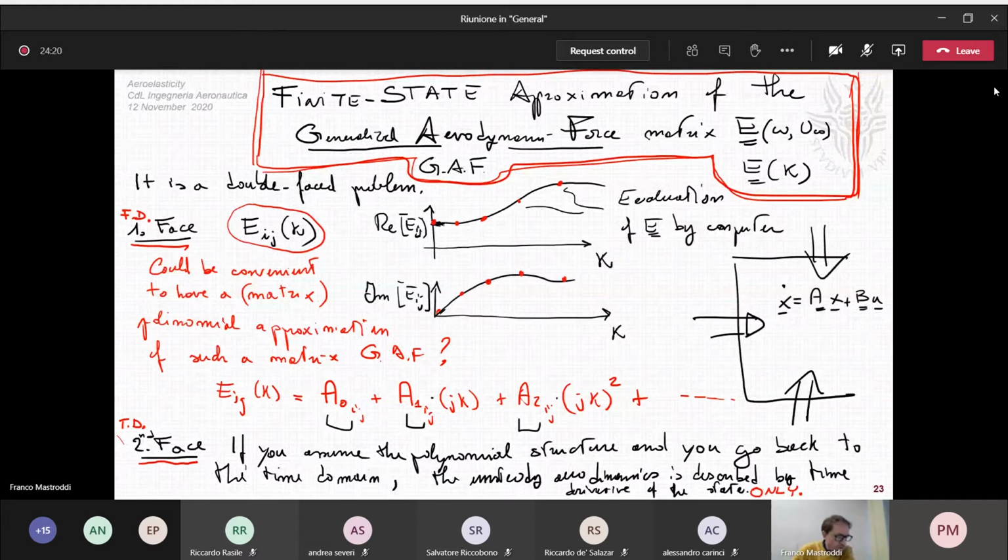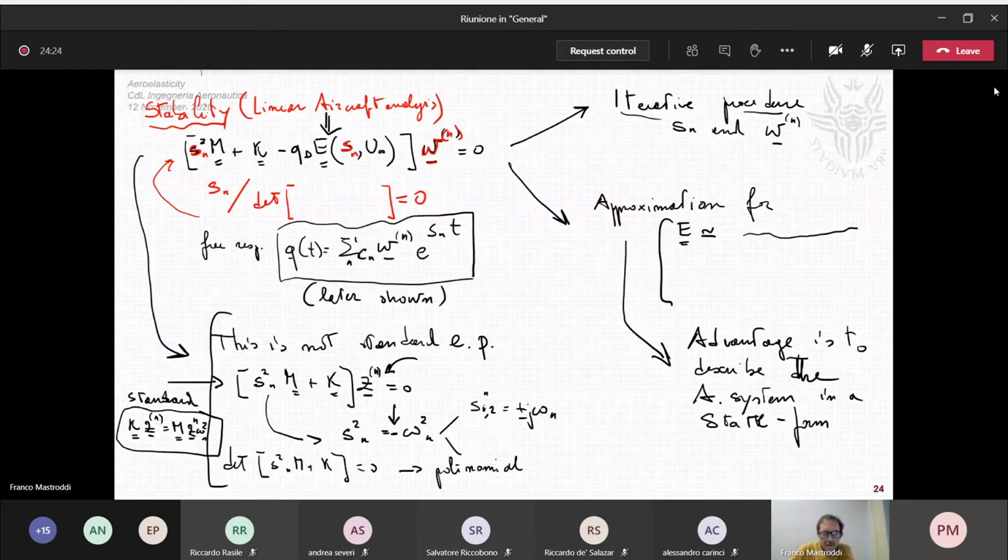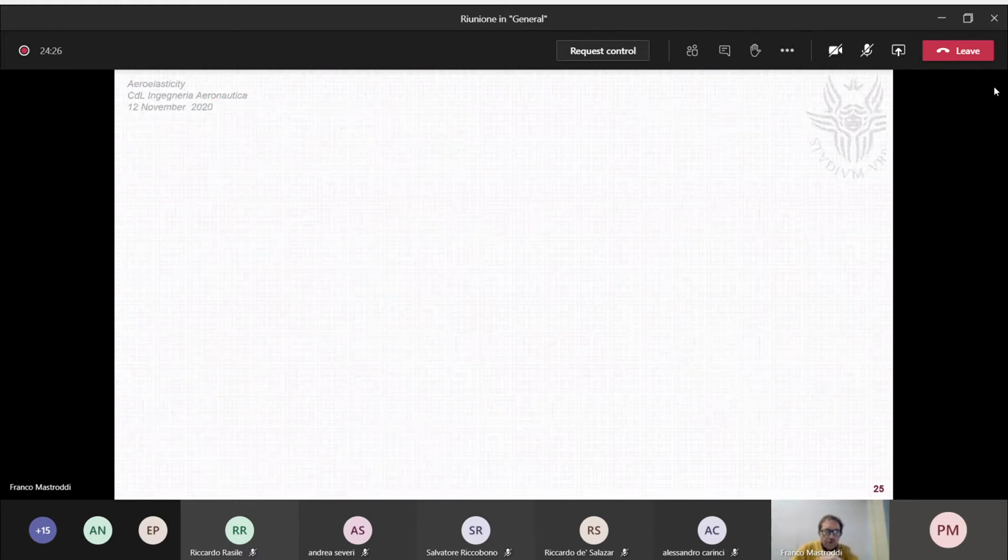Let me go into detail about this. We want to talk about this item today, and we want to start from our aerodynamic matrix not as a function in the Laplace domain, but in the frequency domain.